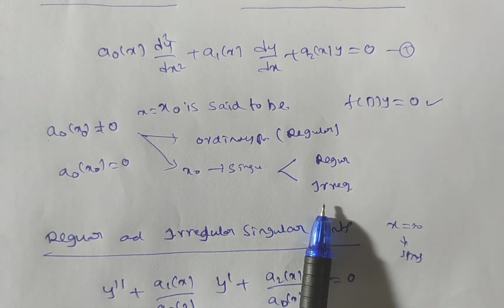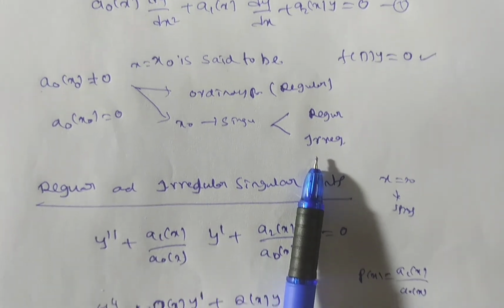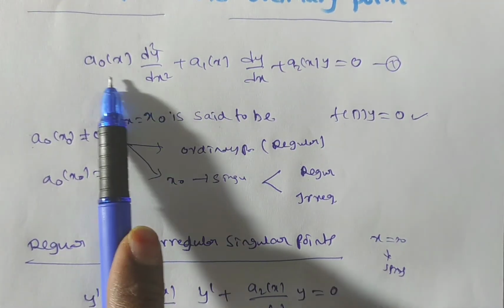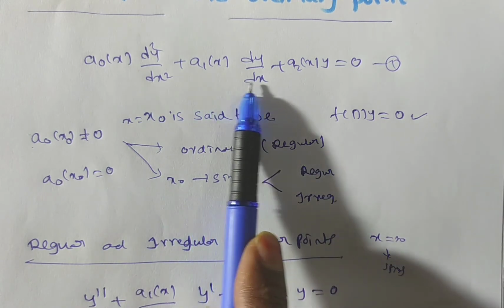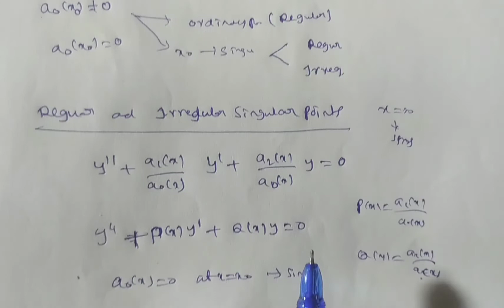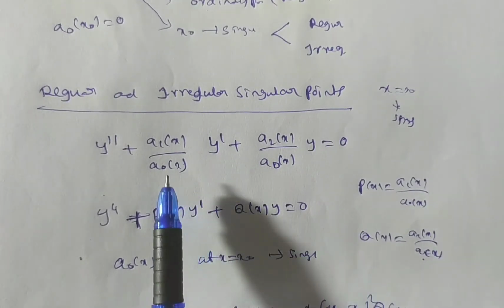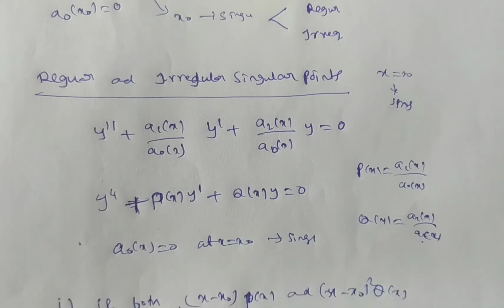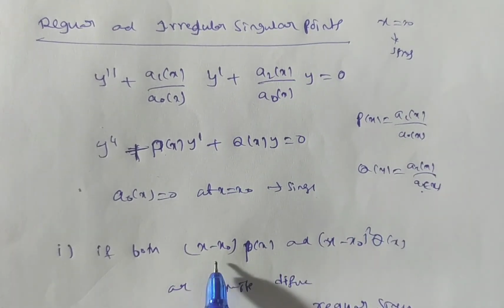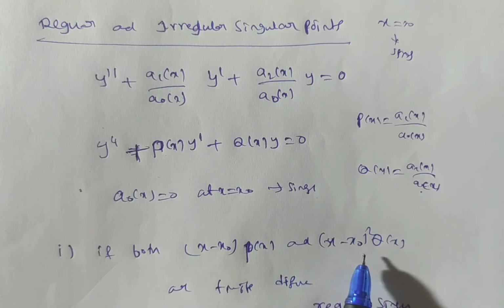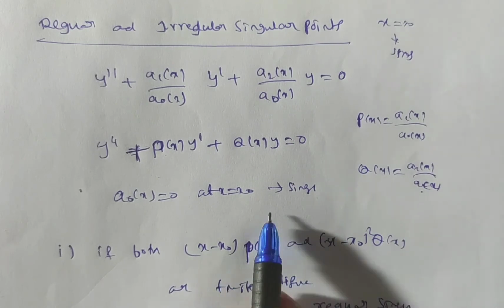To say a point is a regular singular point, first compare the given differential equation with a naught of x y double dash plus a1 of x y dash plus a2 of x y equal 0, and divide by a naught of x. Then compare with p of x and q of x. We need to verify only one condition: x minus x naught into p of x and x minus x naught whole square into q of x, where x naught is the singular point.